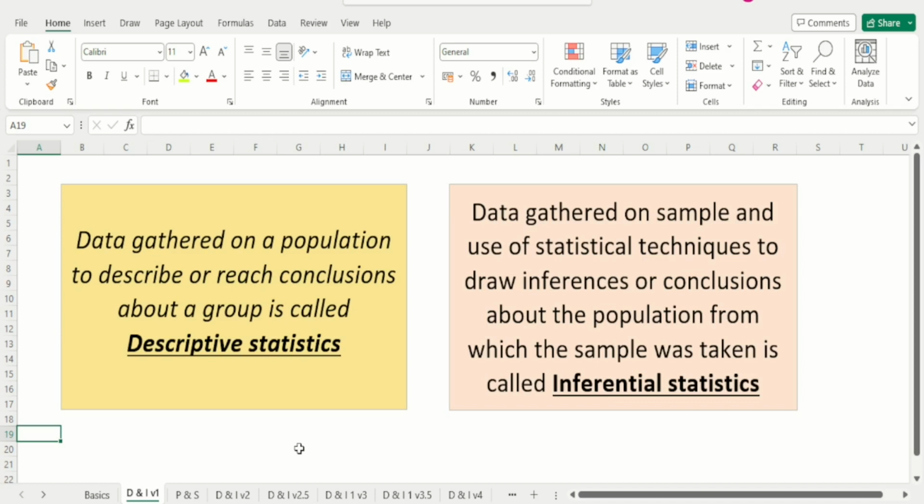Let's talk a bit more about this. So, for instance, let's say there's a class of students, and the class has 40 students. What we want to find out is what is the percentage of students in the class that prefer Coke and what is the percentage of students in the class that prefer Pepsi.